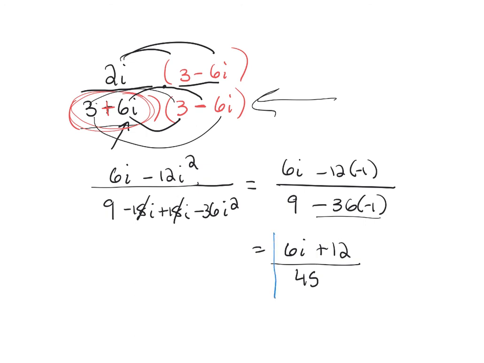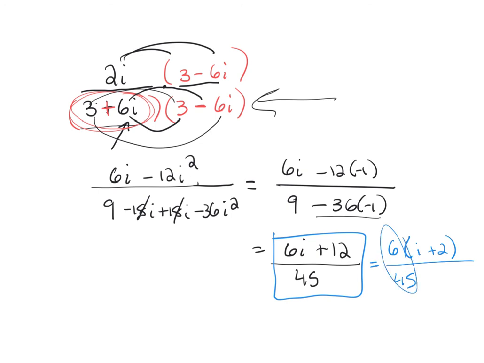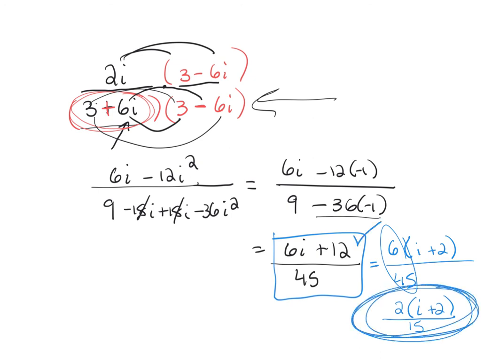Now, I would be pretty happy if you ended up with that answer, but technically, the numerator, I could divide both by 6 and be left with i plus 2 over 45, and then this simplifies. You could divide them both by 3, so we have 2 times (i plus 2) over 15. So this is like the ultimate simplified. On a test, I'd probably be happy there, but the goal is to get here.